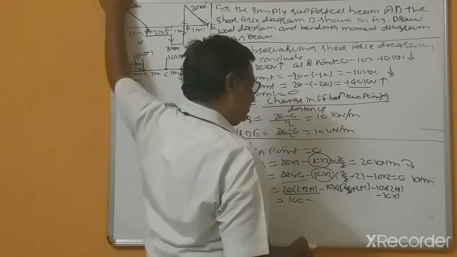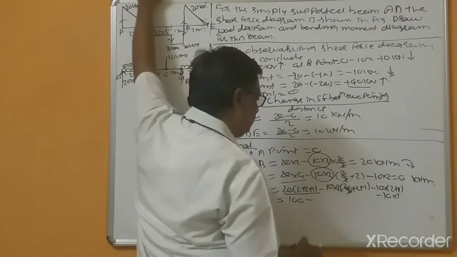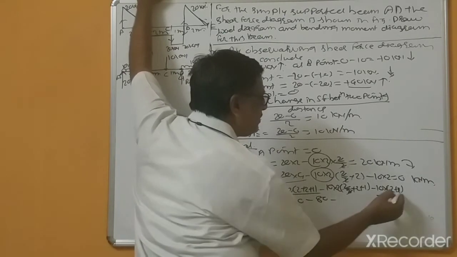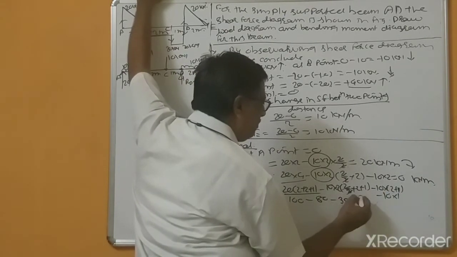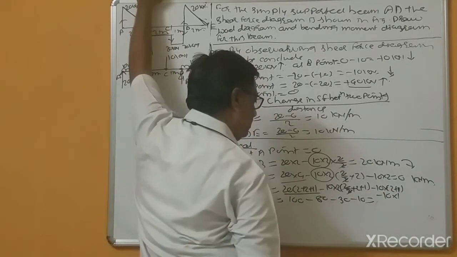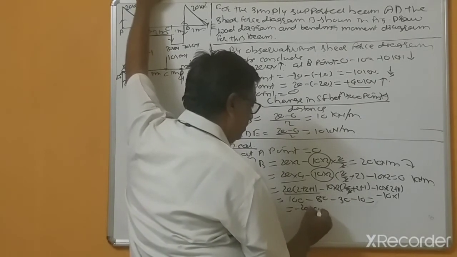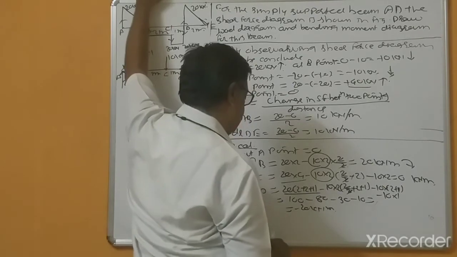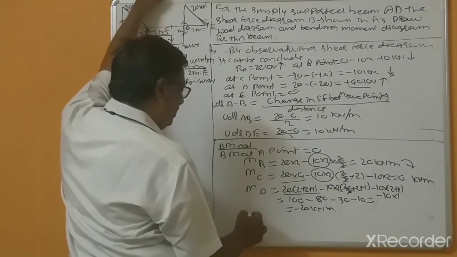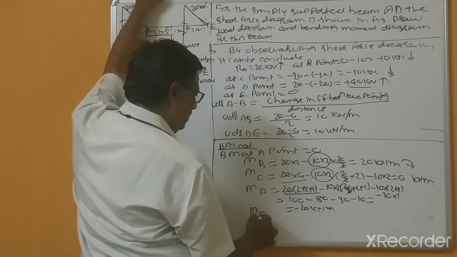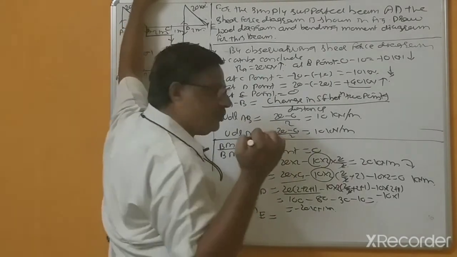This is 4 minus 80 minus 30 minus 10 minus 20 kilonewton meter. So at end point, bending moment at E point, this should be 0.